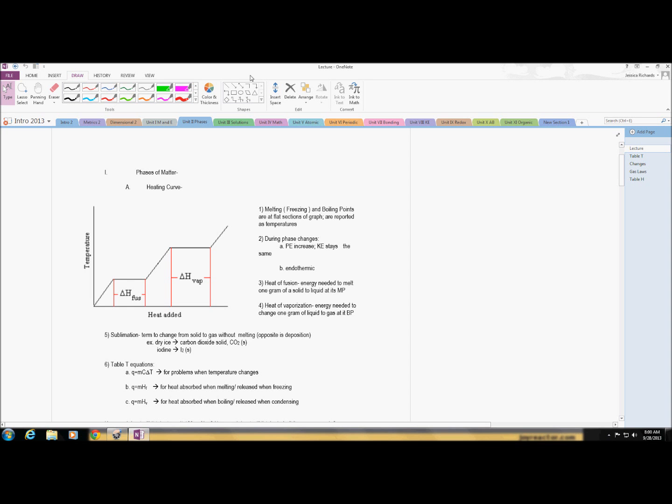Solids are going to refer to things that have what we call a definite volume and a definite shape.